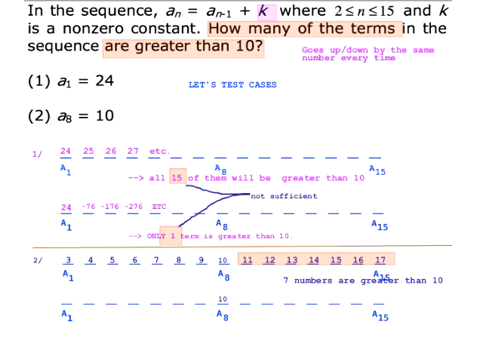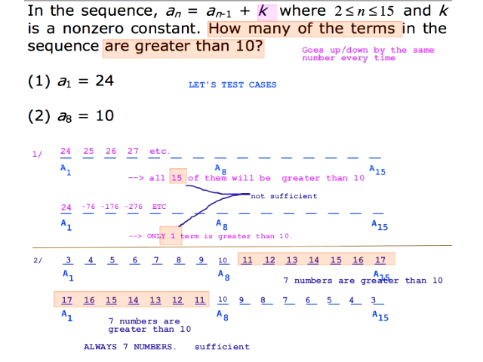And if you increase at all, this is going to happen. If you increase by 2, it's going to be 12, 14, so the same thing will happen. And if you decrease, you'll get exactly the same thing, but just reversed. Now the big numbers are in front. So one of these situations will absolutely happen every single time, no matter what. And so it's always 7.